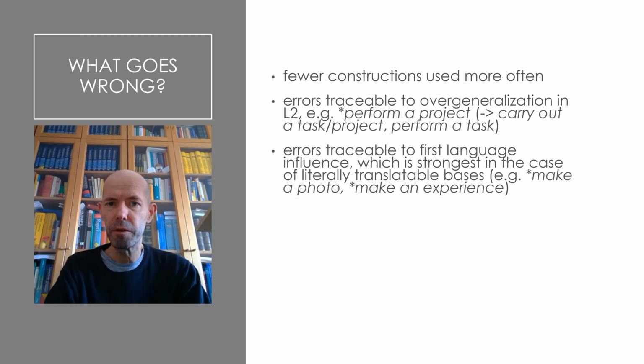So, for instance, if you always use "for example" when you want to exemplify something, and you use it 20 times in your text, and if you always use the same expression to express something like a second complication or a second problem, then this will lead to a lot of repetition.